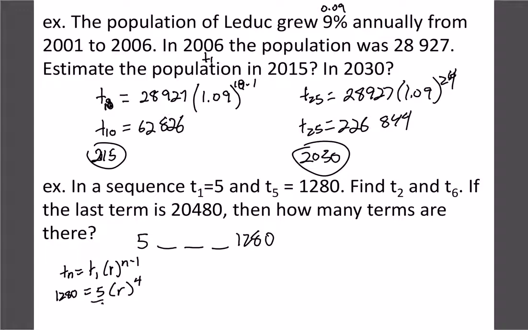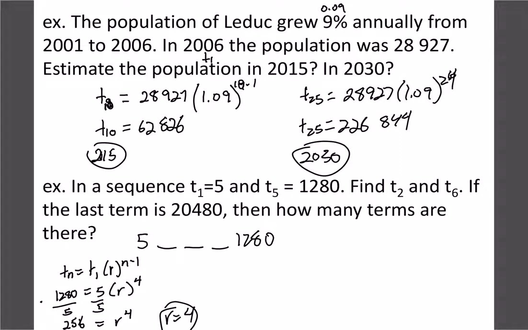So to solve this, let's divide by 5 first. So 1280 divided by 5 is 256, and that's equal to R to the 4. So to solve that, we want to do the 4th root of 256, which is 4.